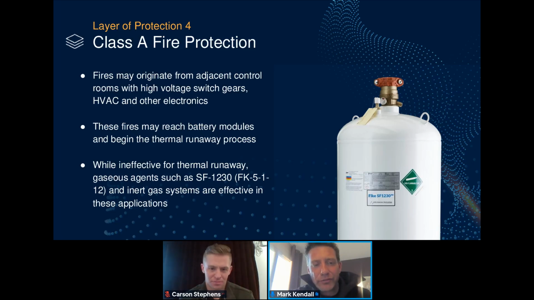Layer of protection 4. I just want to jump back a second into the detection, because there's something that isn't covered in here but is within NFPA 855, which is also looking at detection of causes of thermal runaway. And when I say causes of thermal runaway, I mean things like environmental monitoring.